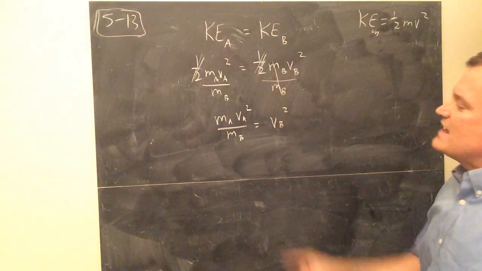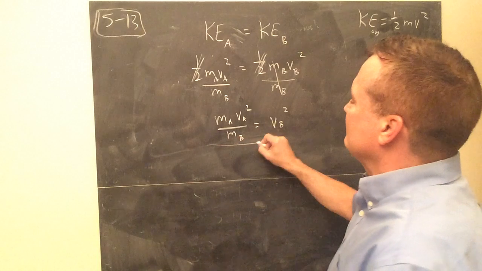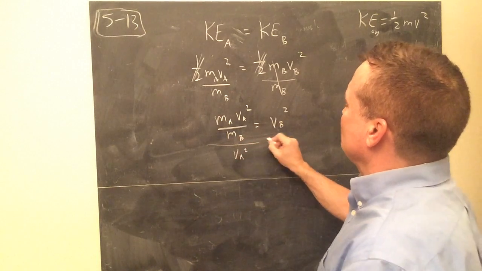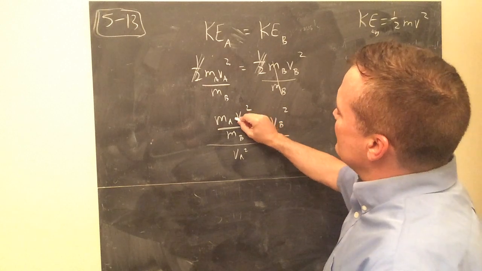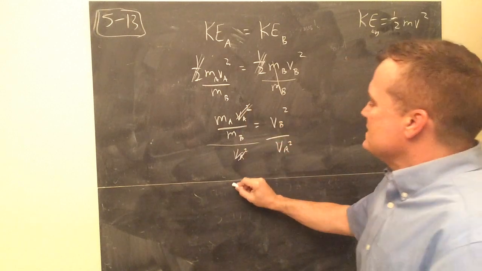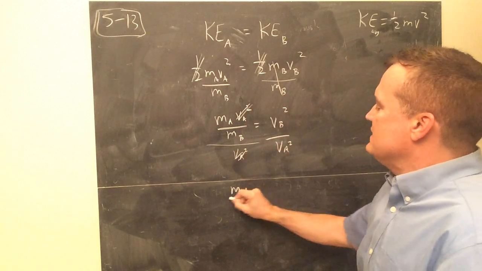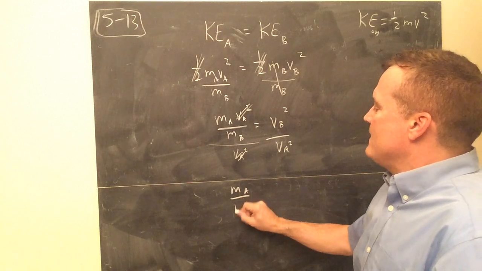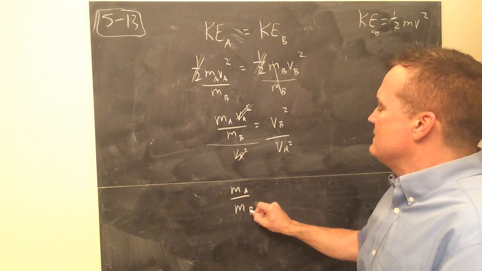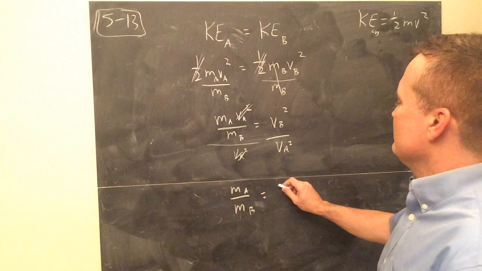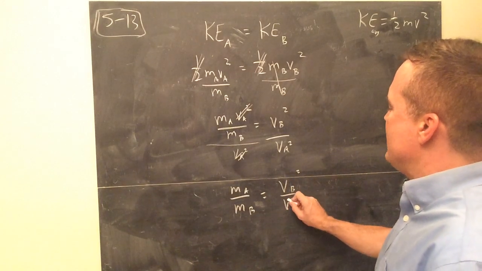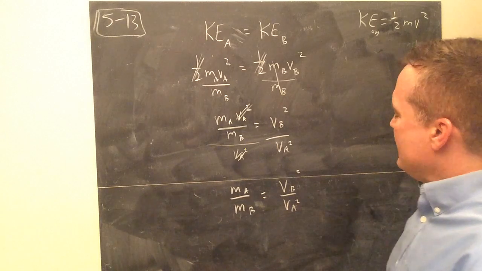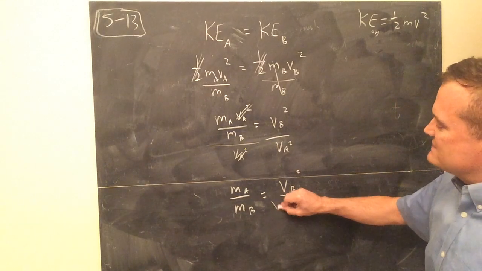Now let's divide both sides by the velocity of A squared. Okay, so that'll go away and that'll go away. So the mass of A divided by the mass of B equals the velocity of B squared over the velocity of A squared.